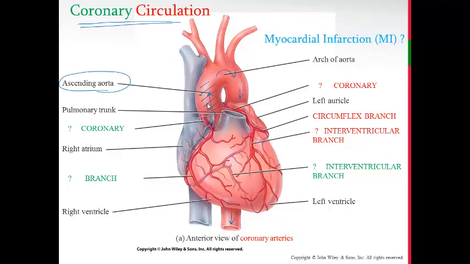Now from your ascending aorta, we have two major coronary arteries that branch out. One over here, one on this side. Now which one would be your right coronary artery? Alright, if you orient yourself, this is to the left. Here's the right side.